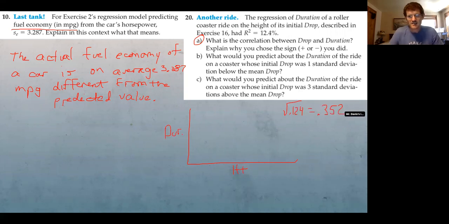And the question we need to ask is, should this be a positive or negative correlation? Okay, so think about this, just the drop. Do you think a roller coaster with a higher drop is going to last longer or be a shorter ride?